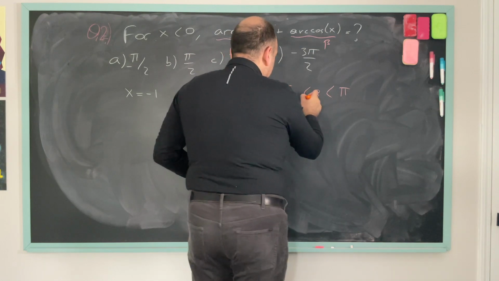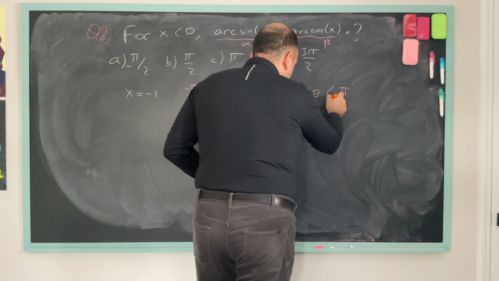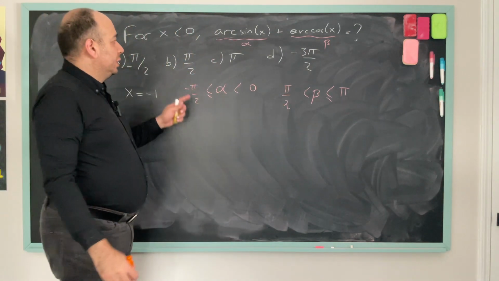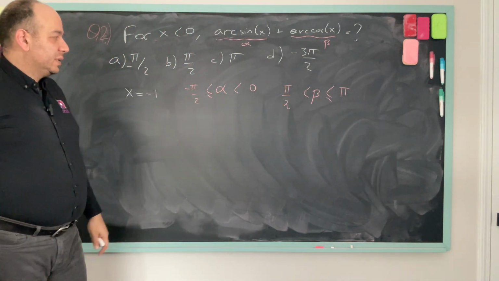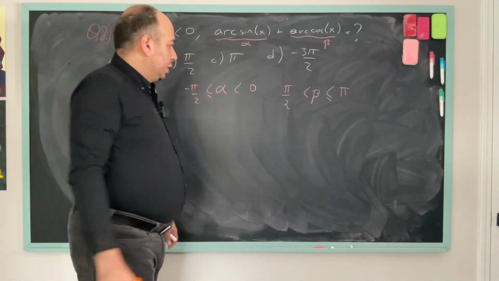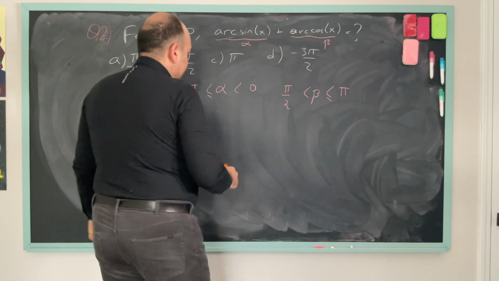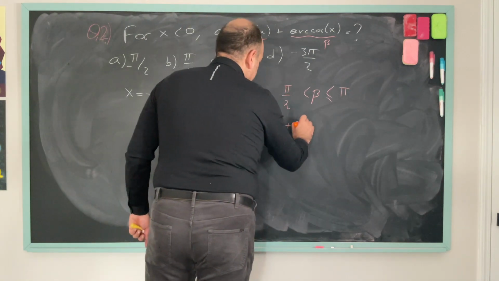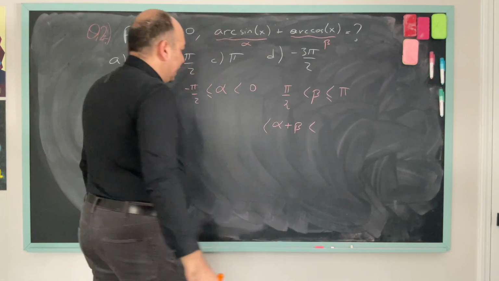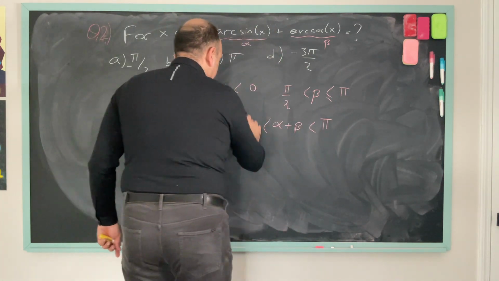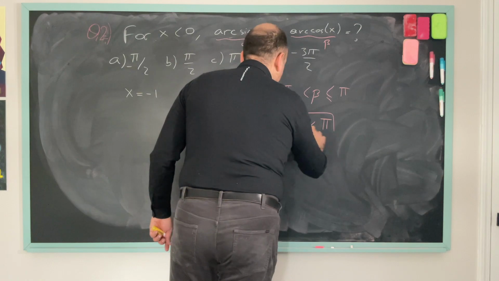So here I can include pi, but not pi over 2, because cosine pi over 2 is equal to 0, but x equal to 0 is not included. So when I consider these two inequalities and add them up, we see that alpha plus beta must be between 0 and pi. This is the first observation I have.